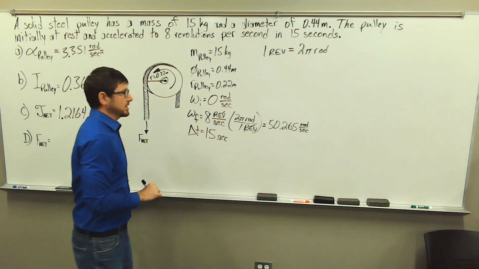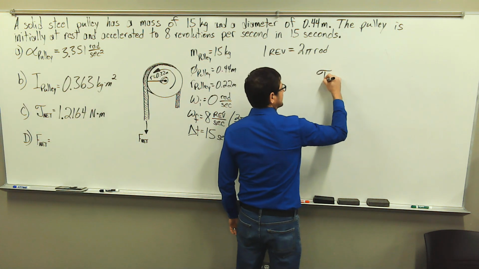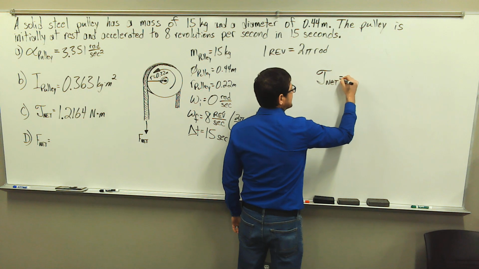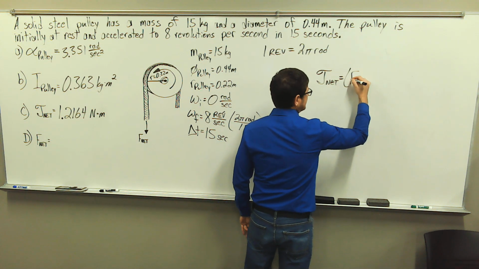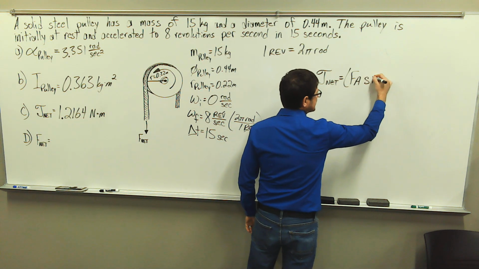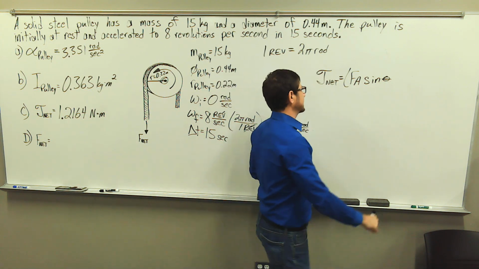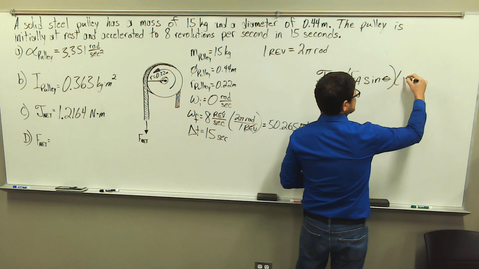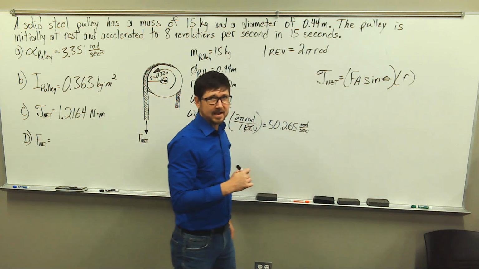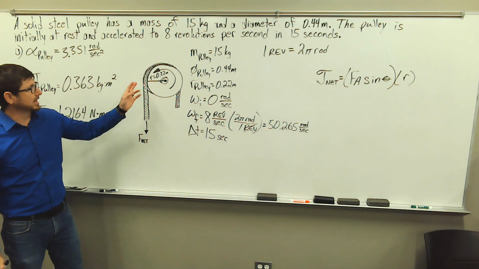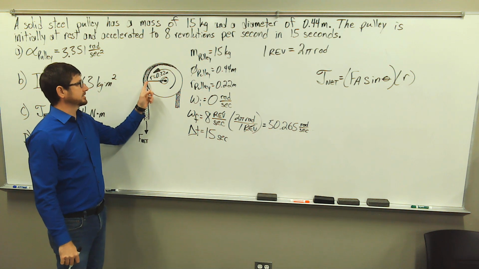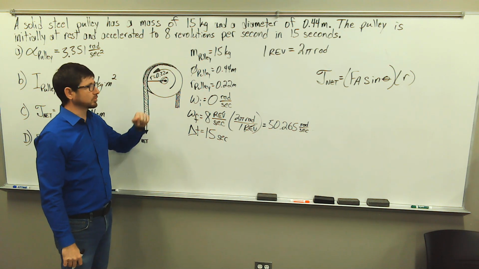Okay, so we know that net torque is equal to our perpendicular applied force. So this is F sub A times sine theta times our lever arm, which is identified by R. This is going to be the radius that the force is applied with respect to the axis of rotation.